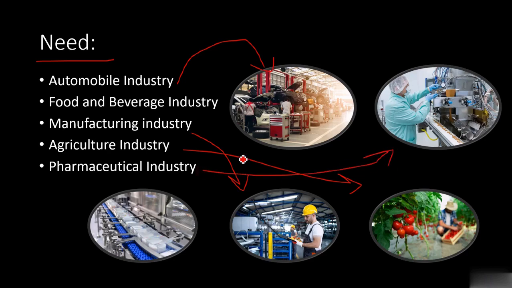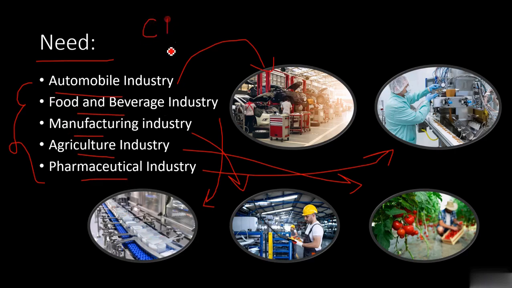So the basic function of the compressor in all these industries, the automobile, food and beverage, manufacturing, agriculture and pharmaceutical, is to supply compressed air for several purposes.